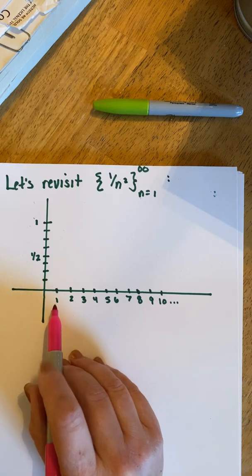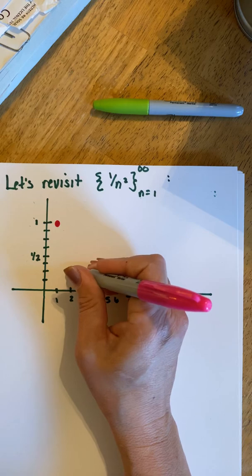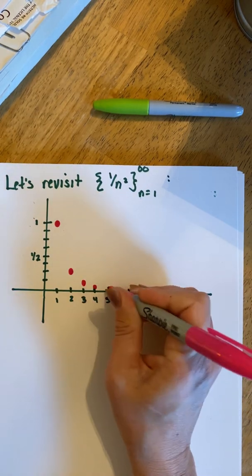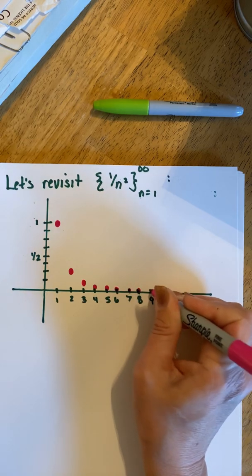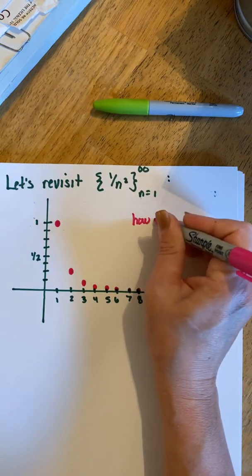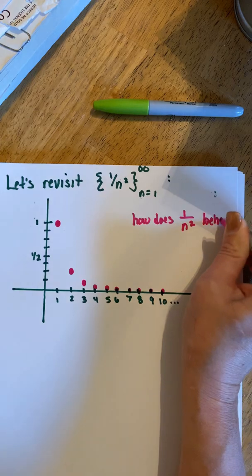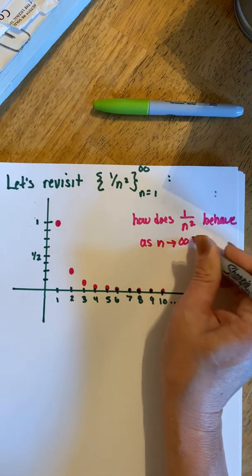So at 1, my output was 1. At 2, my output was 1/4. At 3, we're at a 9th. At 4, we're at a 16th. So what I'm interested in here is seeing how this sequence behaves. How does 1 over n squared behave as n goes to infinity?